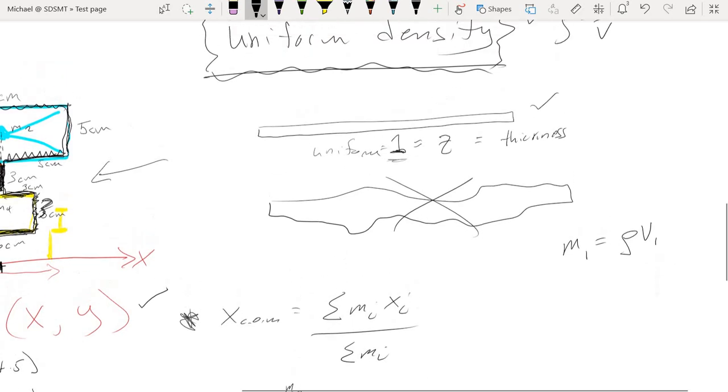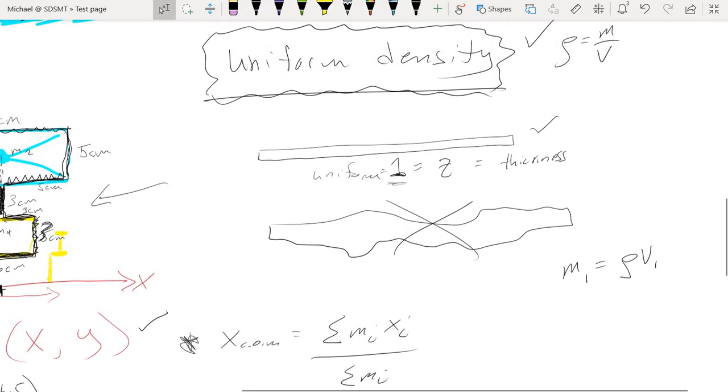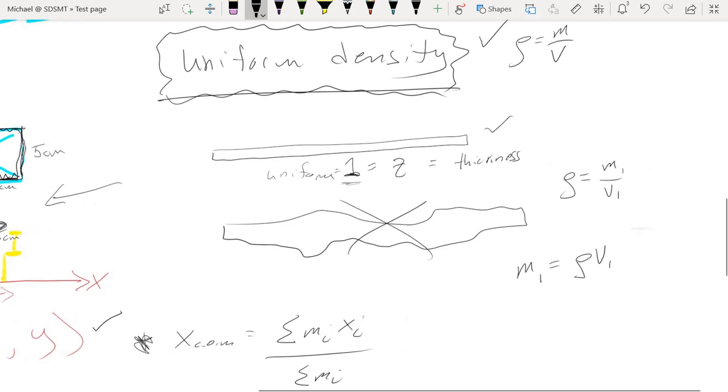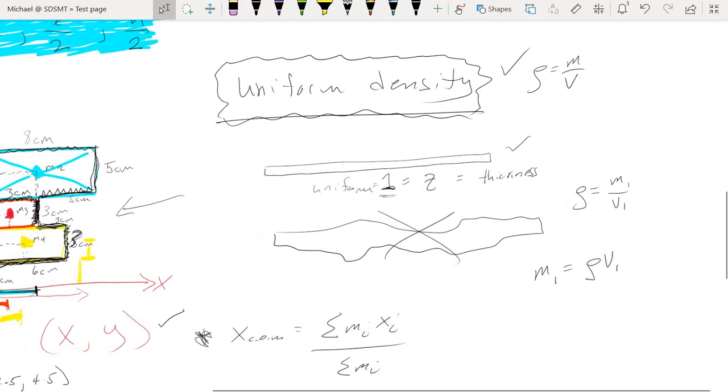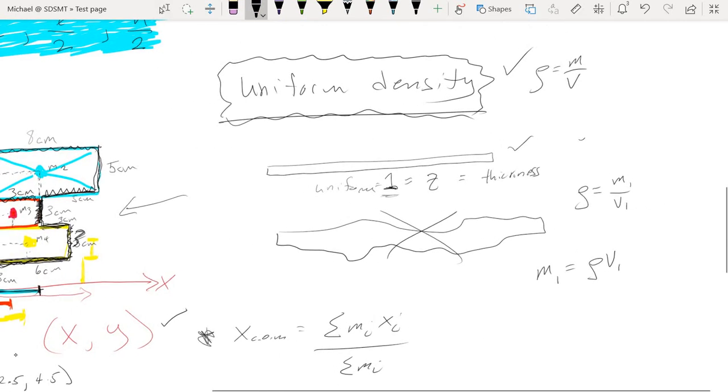So I can take mass 1 divided by the volume of mass 1 has to equal the uniform density, just like mass 2 divided by the volume of mass 2 has to equal the uniform density.